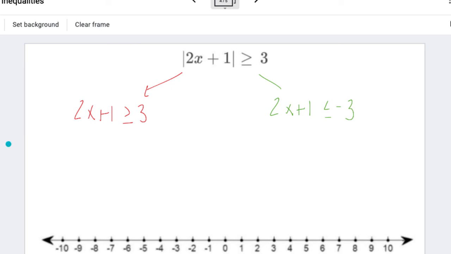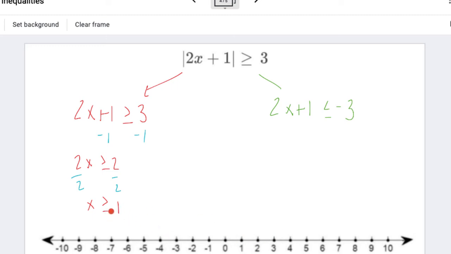So instead of plus 1, you want to subtract 1 from both sides, which means 2x is greater than or equal to 2. Then we want to divide by 2. Since the 2 was not negative, the inequality sign doesn't flip, so x is greater than or equal to 1.